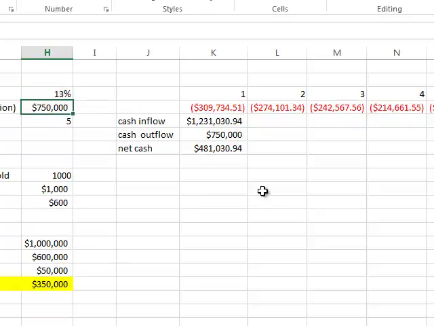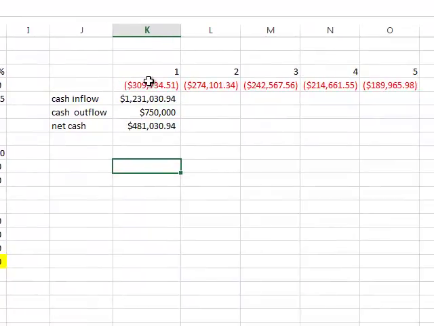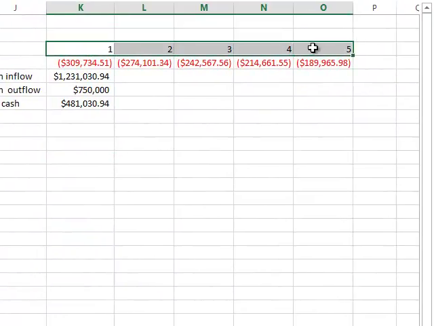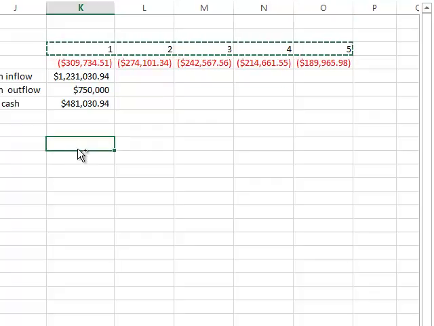Now, alternatively, what we can do in Excel is use the net present value calculation. If we know what the cash flows are each and every year, I'm going to just copy this down. They're the same.